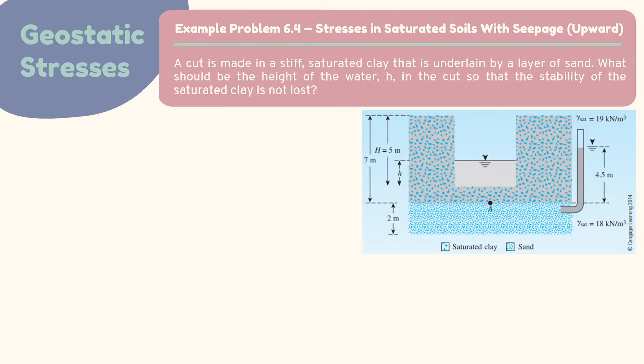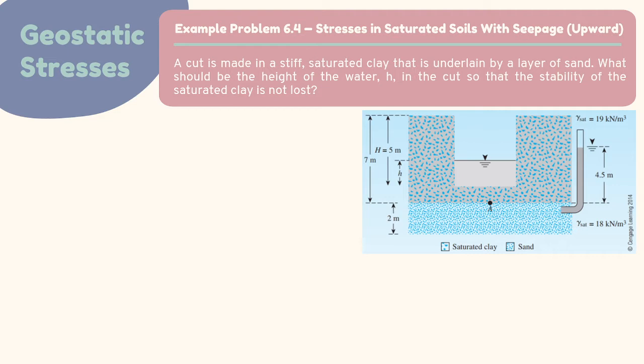Next example problem. A bit similar, but it has a free water surface here. A cut is made in a stiff, saturated clay that is underlain by a layer of sand. What should be the height of water H in the cut so the stability of the saturated clay is not lost?